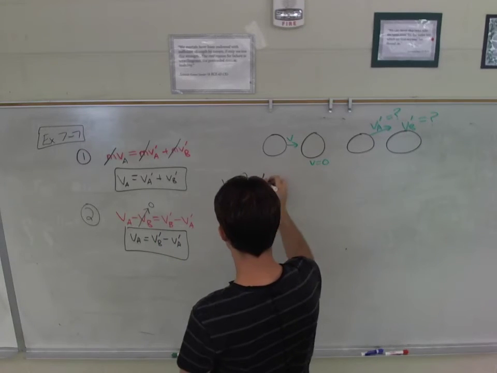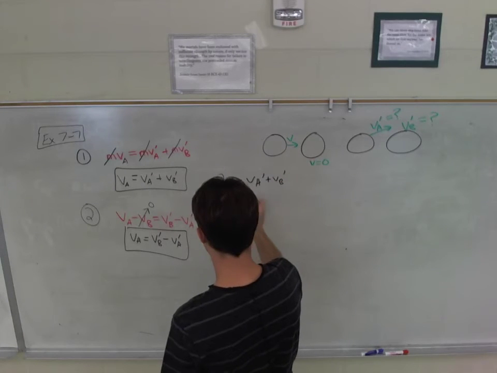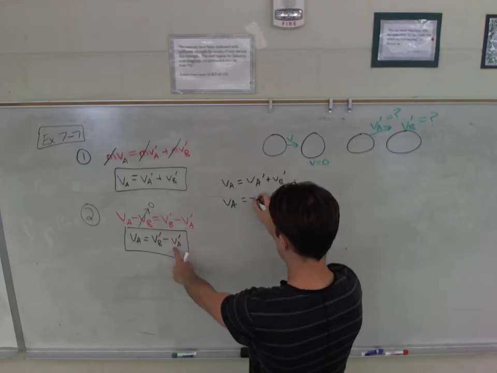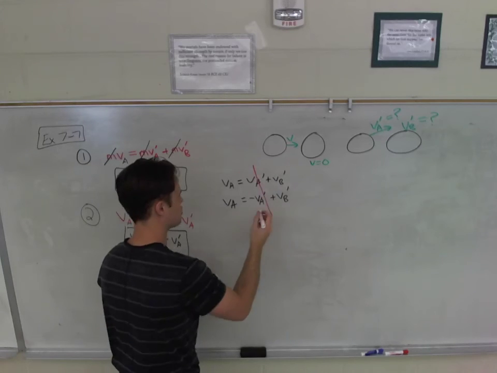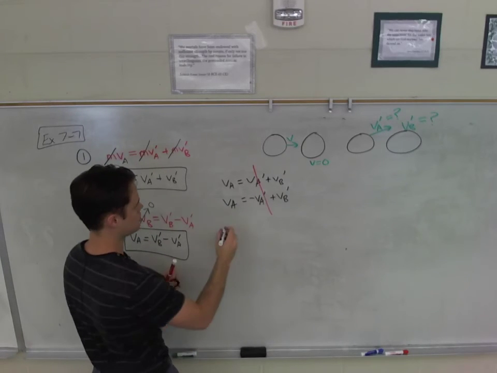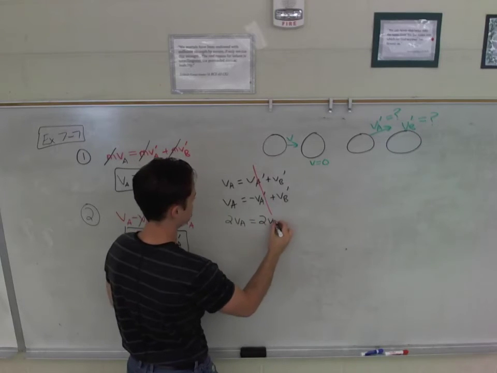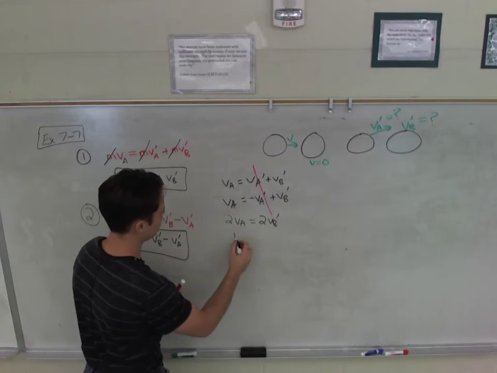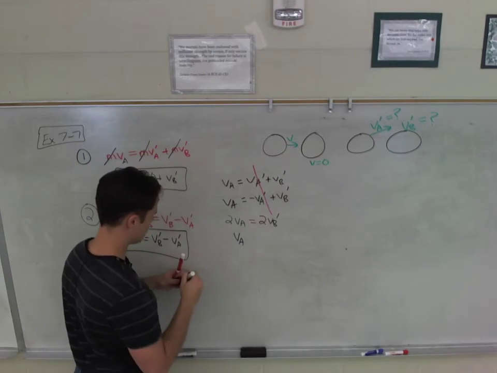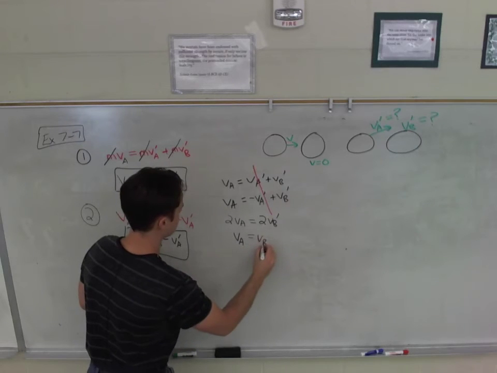So I'll write this one down, and then I'll write this one down. So I've got a negative VA prime plus VB prime. When you add those together and eliminate, you get 2VA equals 2VB. So we've got that, and now we can do what? The 2's cancel. Yeah. So VA equals VB prime.